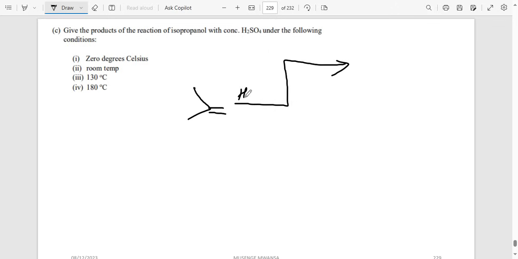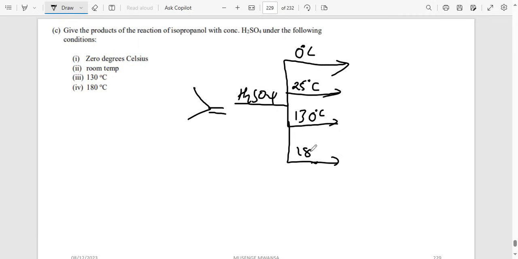So we are reacting with sulfuric acid, and it's concentrated, at 0 degrees Celsius, at 25 degrees Celsius, which is room temperature, at 130 degrees Celsius, and at 180 degrees Celsius.